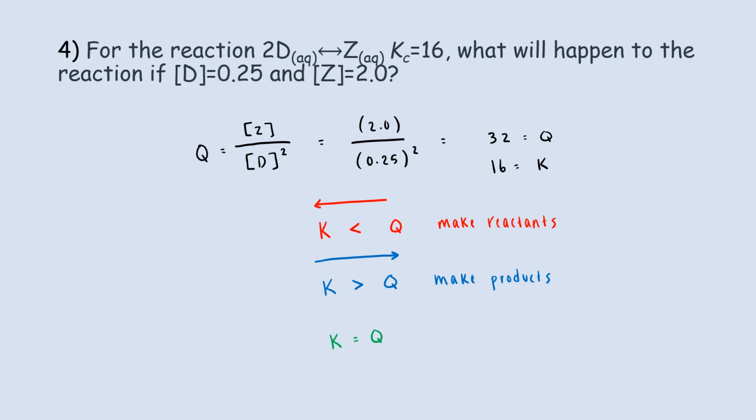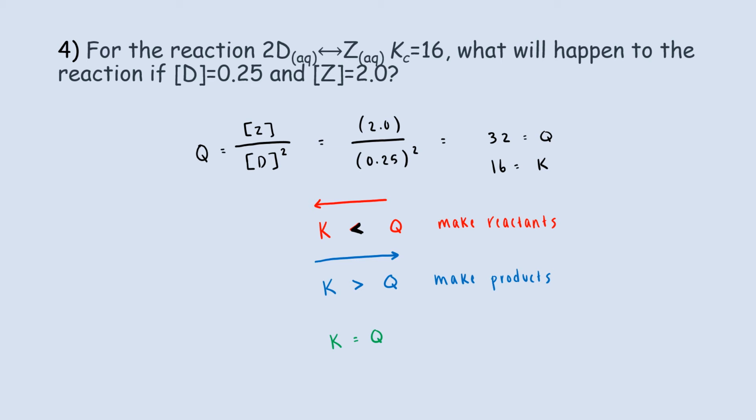So that trick I was telling you about, this little less than sign, if you write K first, the sign of inequality will point towards the direction in which the reaction is going to move. So if K is less than Q, this little less than sign is pointing to the left to indicate that we're going to make reactants, and the reaction is going to shift to the left.